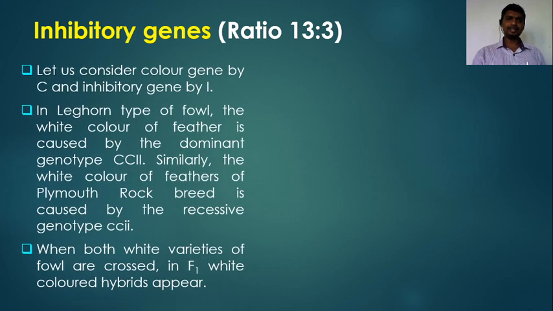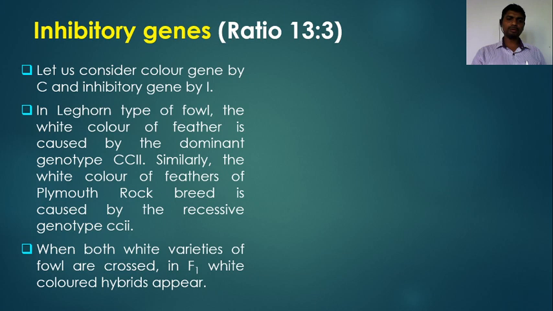Let us consider the color gene by the letter C and the inhibitory gene by the letter I. In the Leghorn type of fowl, the white color of feather is caused by the dominant genotype capital C capital C capital I capital I. Similarly, the white color of feathers of the Plymouth Rock breed is caused by the recessive genotype small c small c small i small i. Both birds are white feathered.